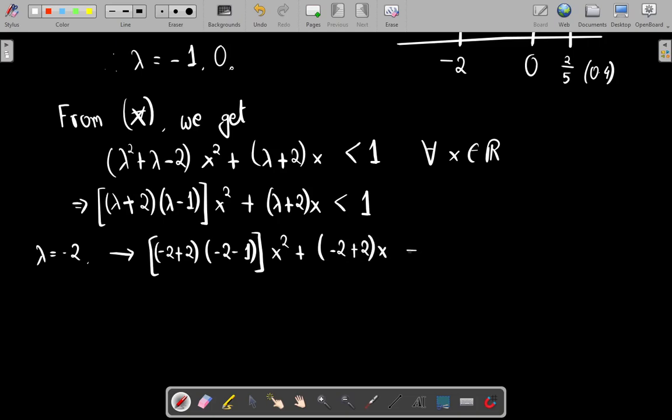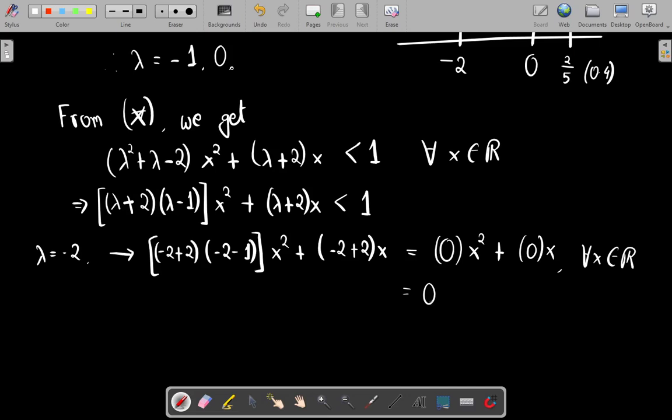If we take lambda to be -2, this value becomes 0, right? So it becomes 0 times x square, and the second term also becomes 0, so this becomes 0 times x. So this is 0 times x square plus 0 times x, which is 0 for all x which are real. You can take any x here, the value will be 0 itself, right?